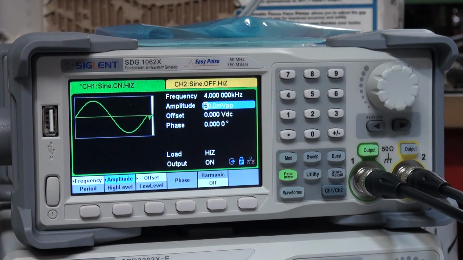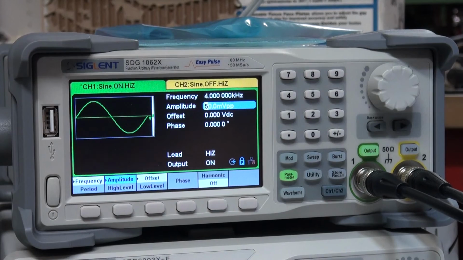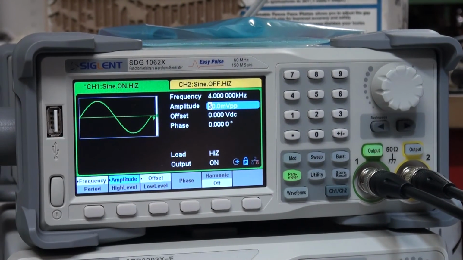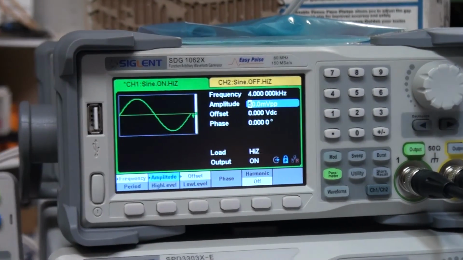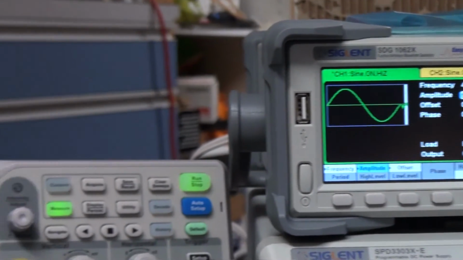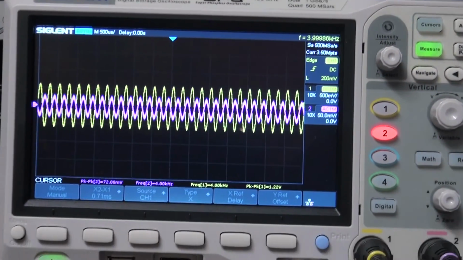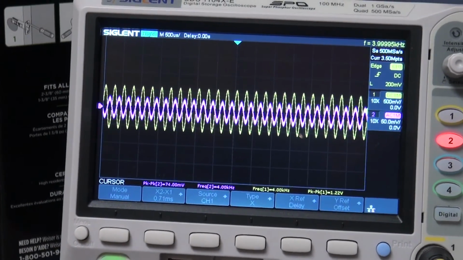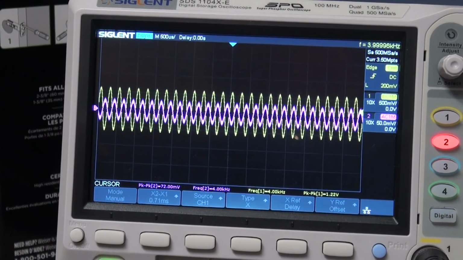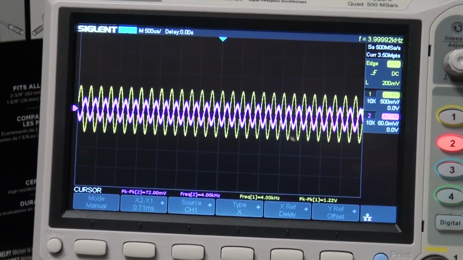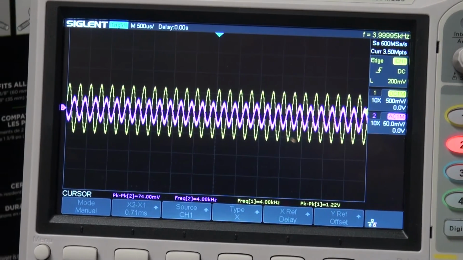Okay, so let's see. R1 is 220 and R2 is 10K. Let's go to the oscilloscope and see what the output is. Okay, so I have a reading of 1.22 volts.